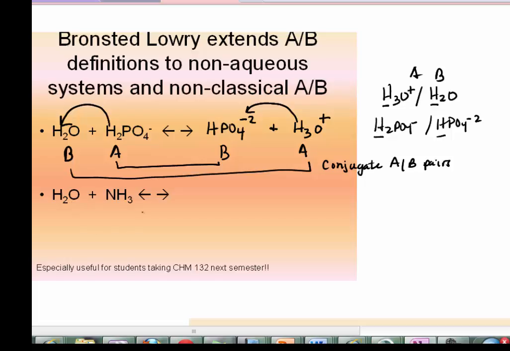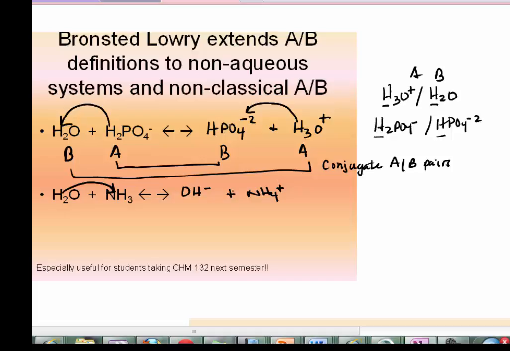And for the second reaction, I'm going to choose water as my acid, and water is going to lose a hydrogen and become OH-, and then I will have NH4+. I'll just have an additional hydrogen on the NH3.